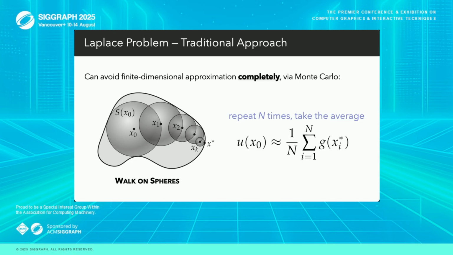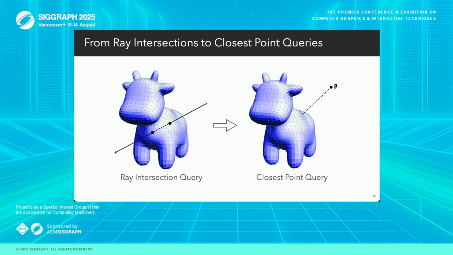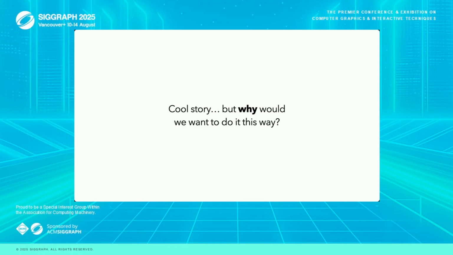Just as in Monte Carlo rendering. The interesting thing about this is, similar to rendering, where the basic operation is computing ray geometry intersections, the only geometric operation we need are simple closest point queries. Given a point in space, what is the closest point on my domain boundary, or my boundary representation?